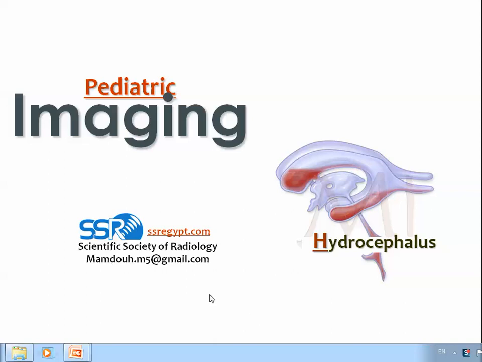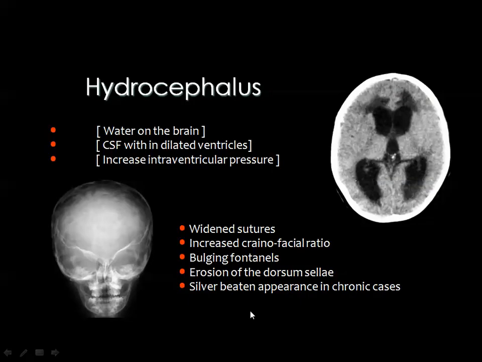The first one will be about hydrocephalus in general, and the second part of this talk will deal with the special types of hydrocephalus, including the posterior fossa malformations, Dandy Walker, and the Chiari malformations, as well as the holoprosencephaly and the hydranencephaly.